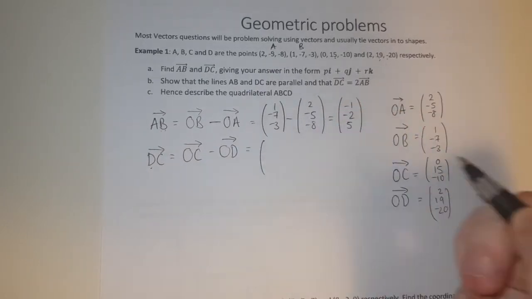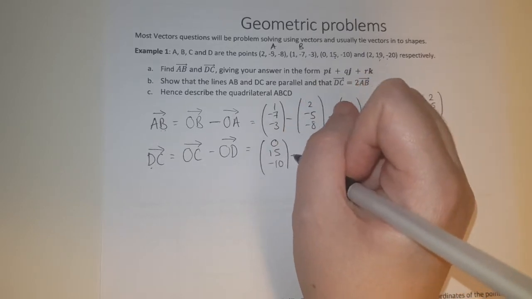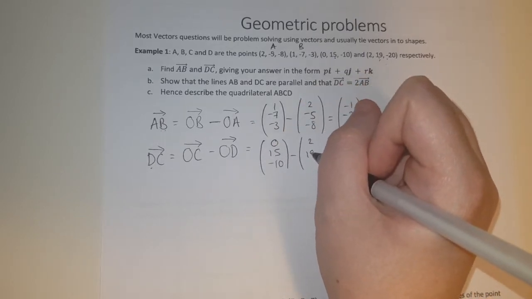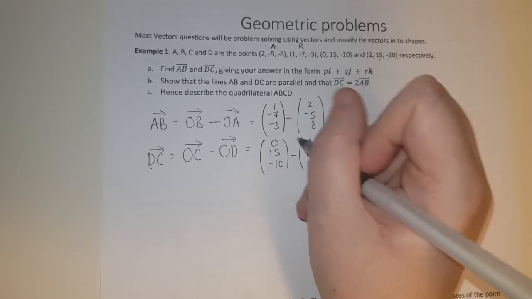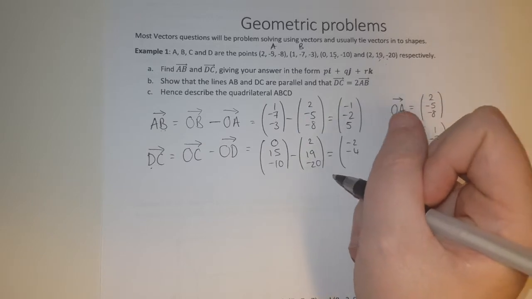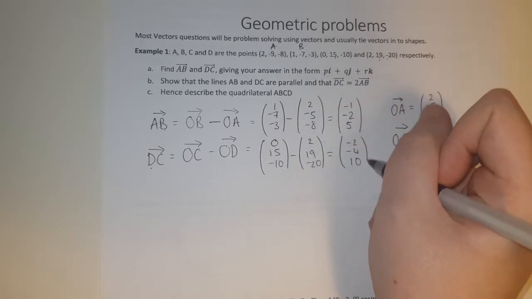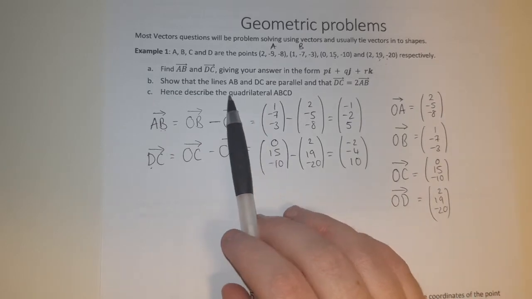So that makes it (0, 15, -10) minus (2, 19, -20). 0 subtract 2 is -2, 15 subtract 19 is -4, -10 add 20 is going to give you positive 10.